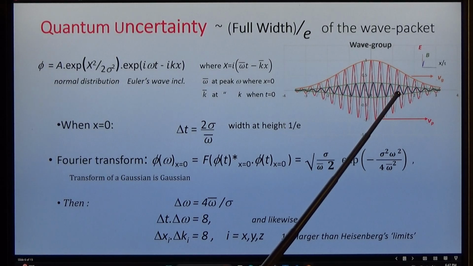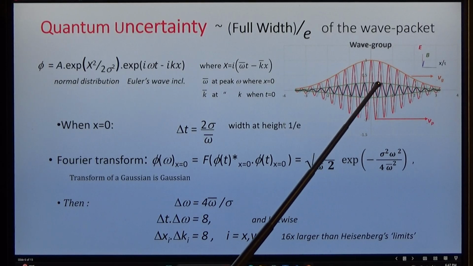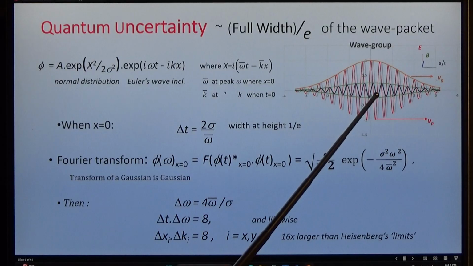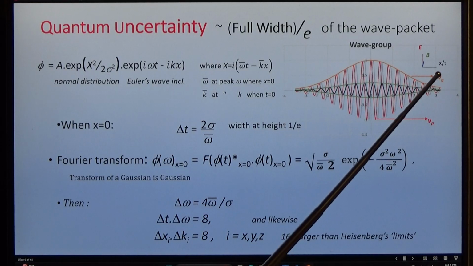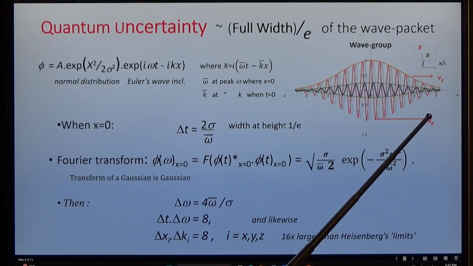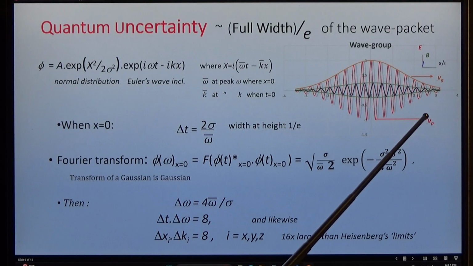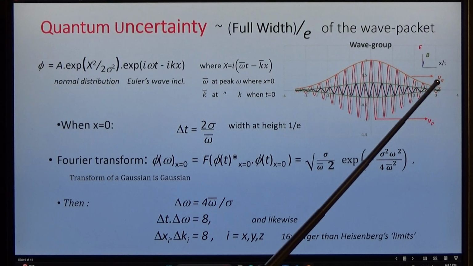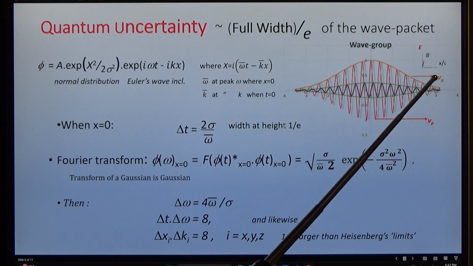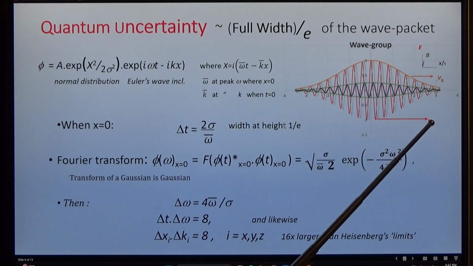Here's a quantum derived from Maxwell's equations: electric vector vertically, magnetic vector horizontally, 2 velocities, a group velocity and a phase velocity. And in the photon they're equal, but in massive particles the group velocity is smaller than the phase velocity.